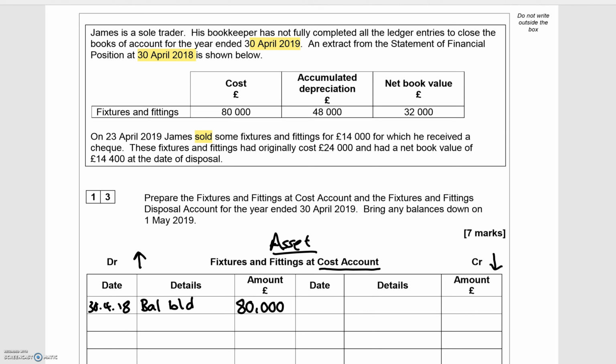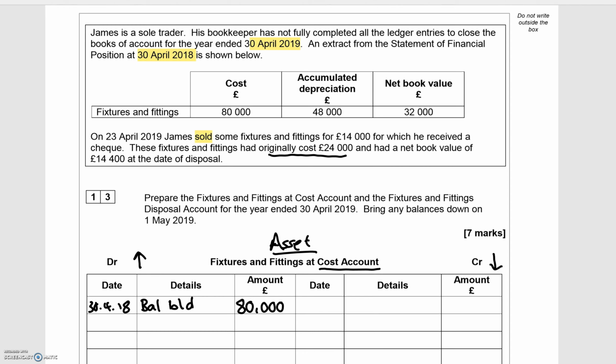You then have an asset that you sold. By looking at the information, it says on the 23rd of April 2019, just about a week before the end of the year, you sold some fixtures and fittings for £14,000, which you received a cheque for. The original cost, and this bit is important, is £24,000.